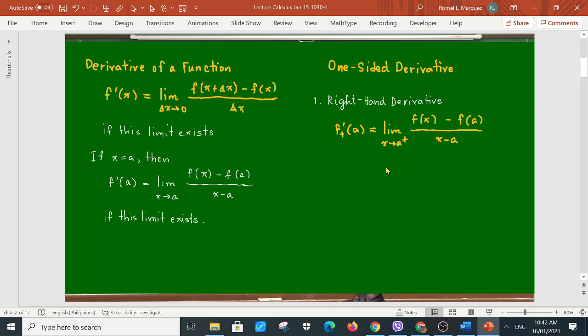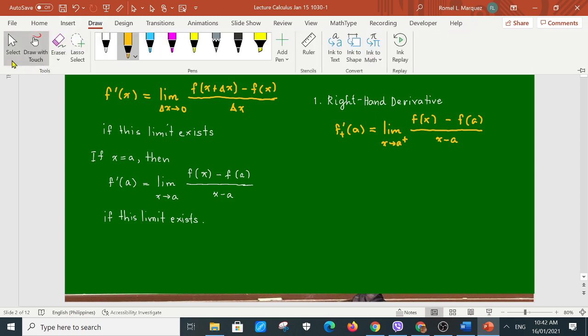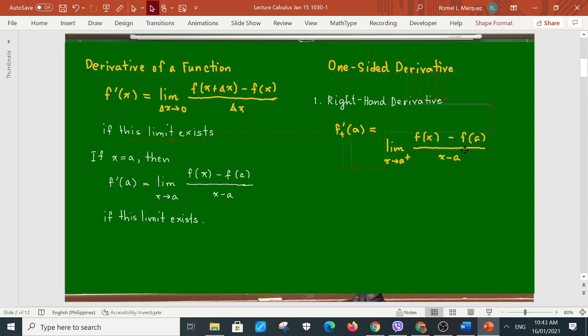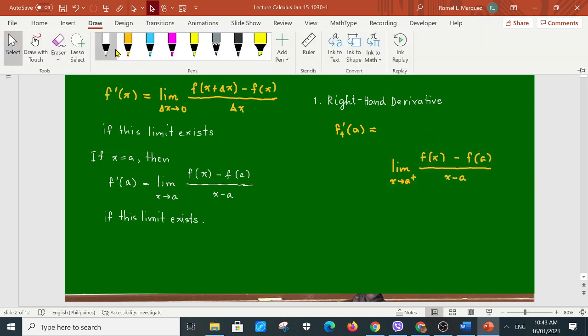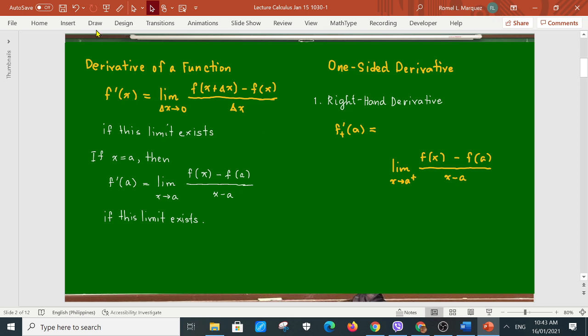Or of course, if you will use the delta, it can also be the limit as delta x approaches 0 from the right of f of a plus delta x, since our x is a, minus f of a, all over delta x.